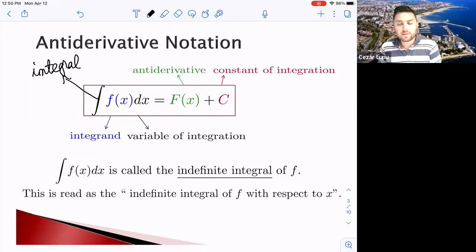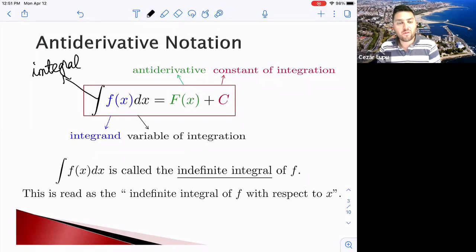Well, let's see what these things are. That S sign or dollar sign, whatever you want to call it, is what we call the integral. The function inside the integral we'll call the integrand. dx is the variable of integration, and we're only going to stick to dx because we don't want to deal with some other type of integral. We're going to stick to Riemann integrals.